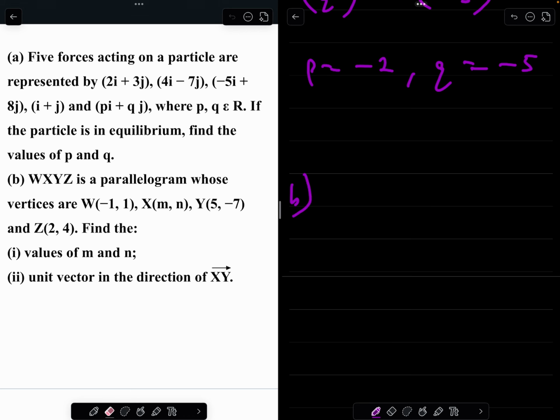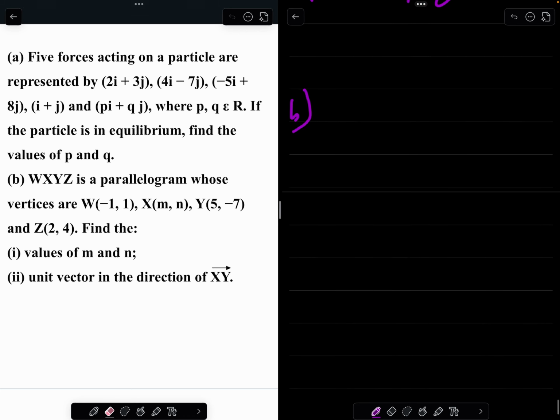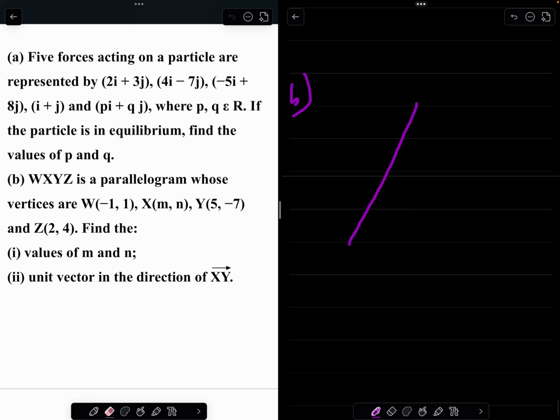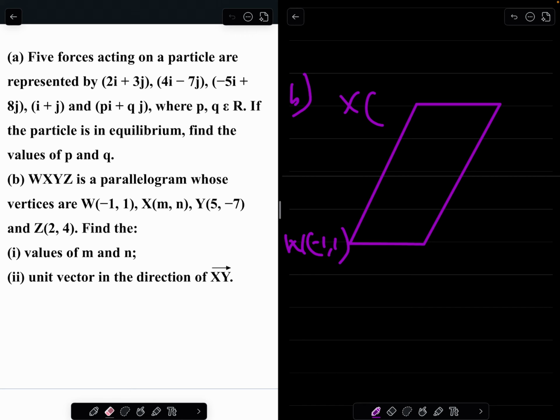Let's go to question B. What does that say? WXYZ is a parallelogram. Let me just draw it this way. WXYZ is a parallelogram whose vertices are W with coordinates minus 1, 1, X with coordinates (m, n), Y with coordinates (5, minus 7), and Z with coordinates (2, 4).